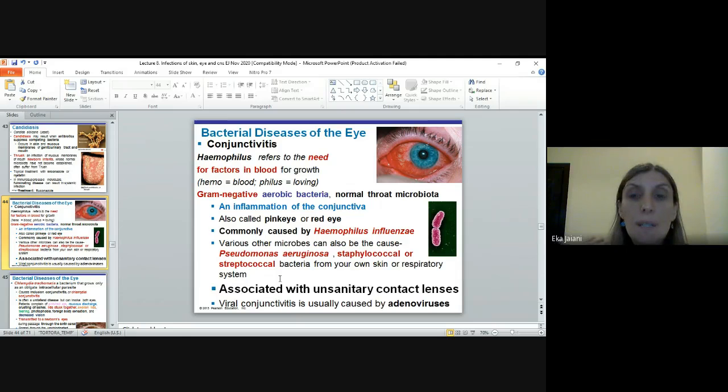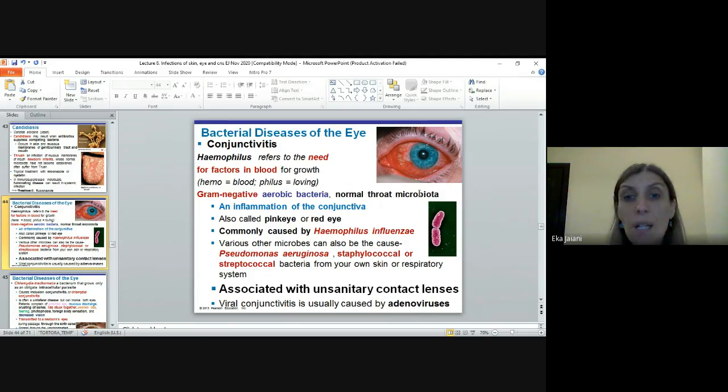The symptoms are a red eye, pinkish or red, and it can be itchy. There can be some exudate, and people have increased lacrimation, so production of tears. There are eye drops for these infections, eye drops with antibiotics.